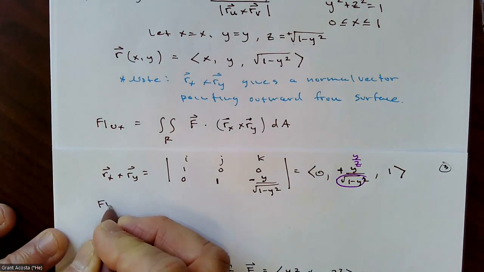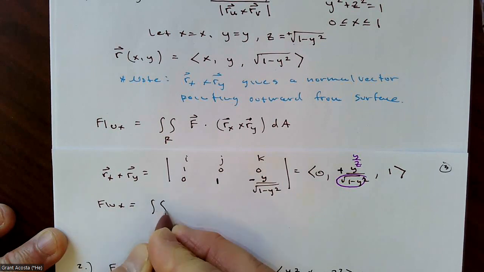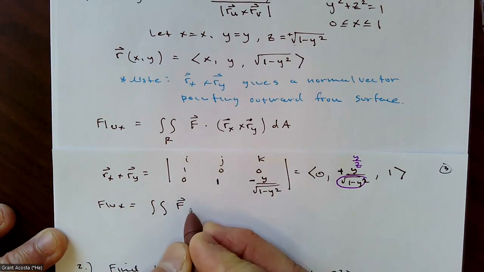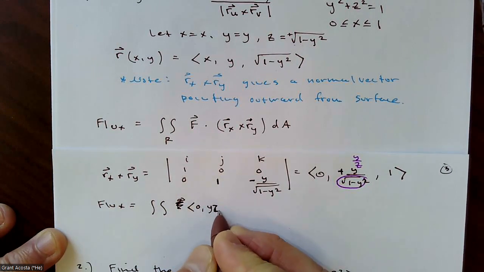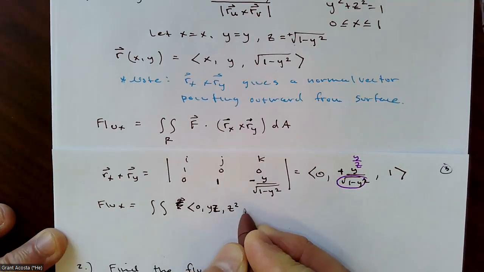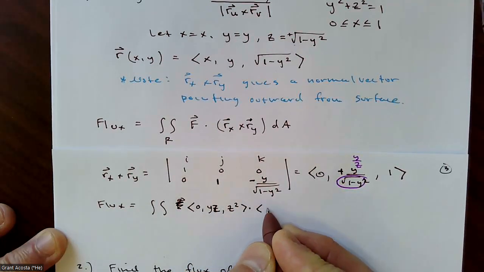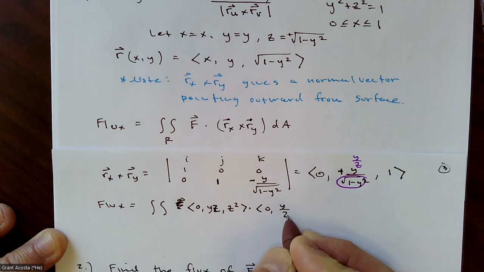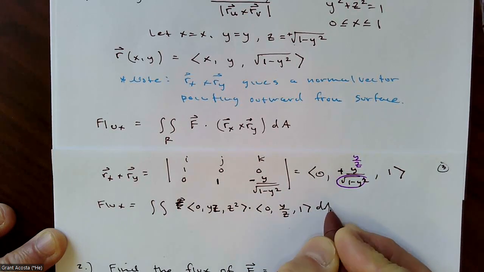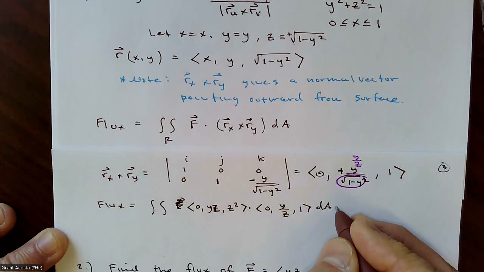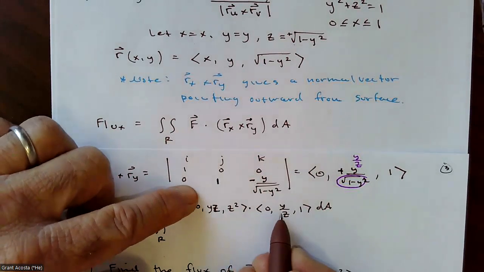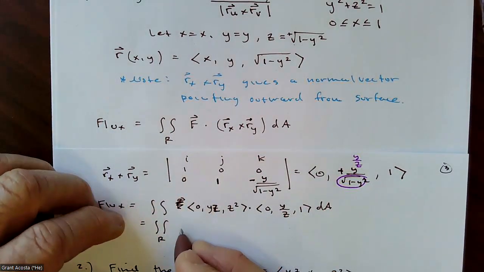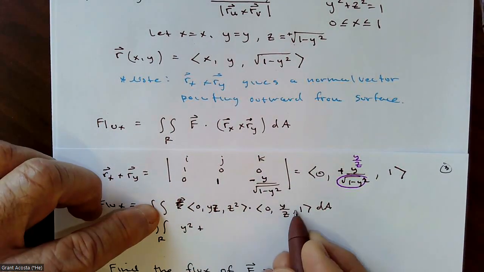So now if I set up my flux integral, F, which was way back when, 0, y, z, z squared, dotted with 0, y over z, 1. Z's cancel, I end up with y squared, and then z squared times 1.